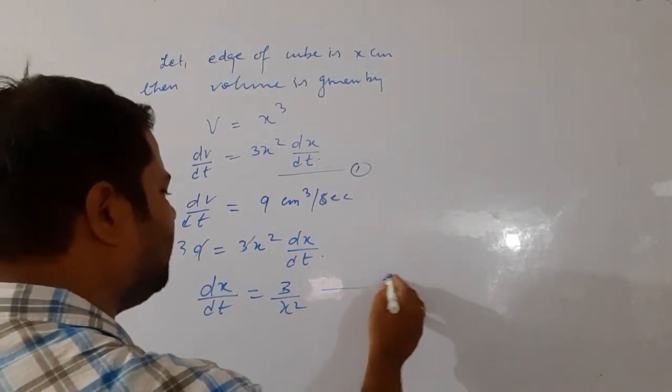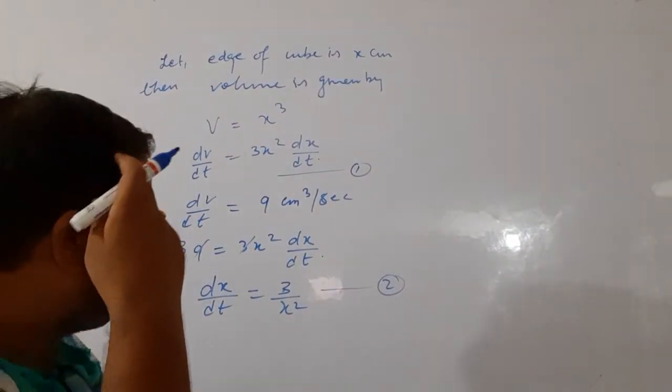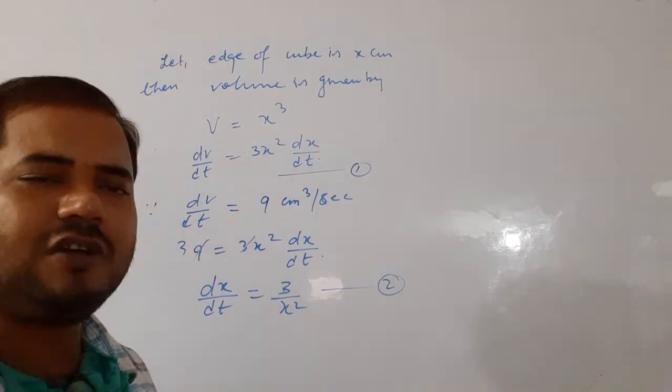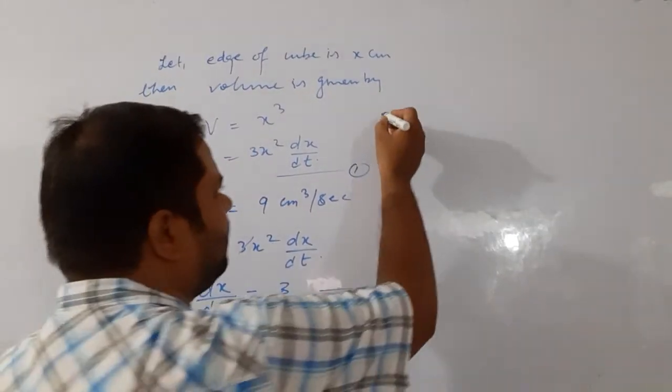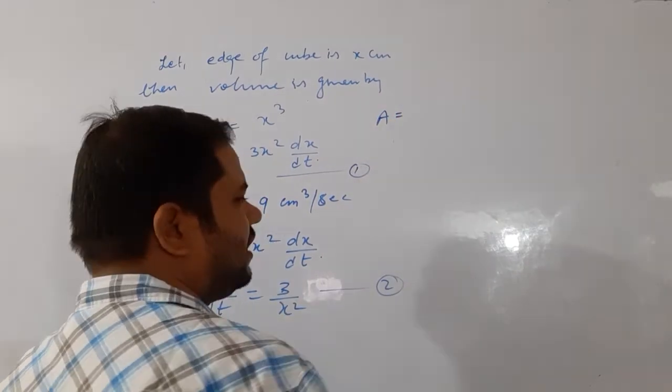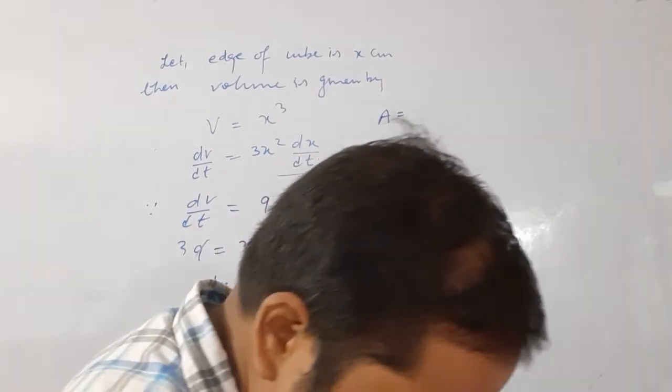This is the value of dx upon dt. Now we need to find the rate of change in the area of this cube. The area of the cube is, there are 6 faces, so 6x square.